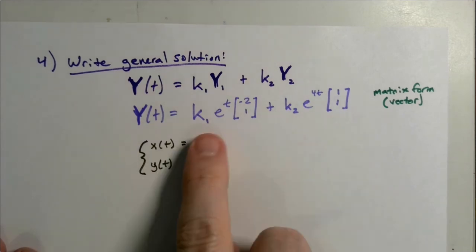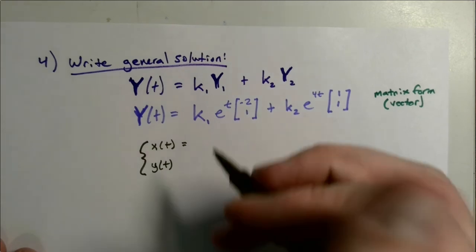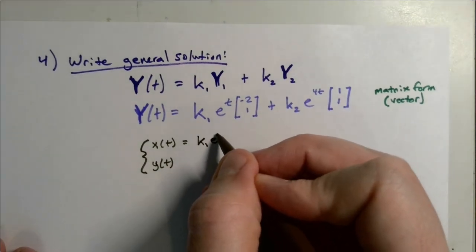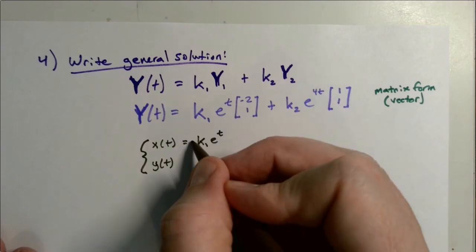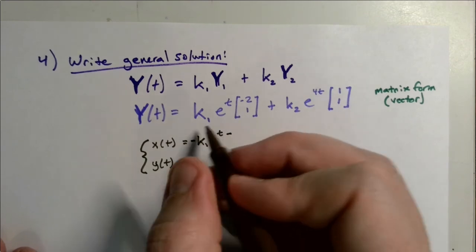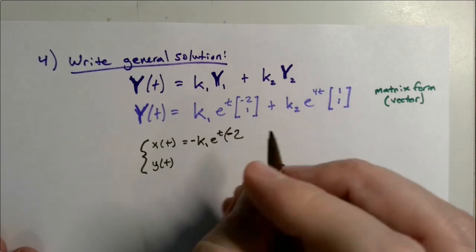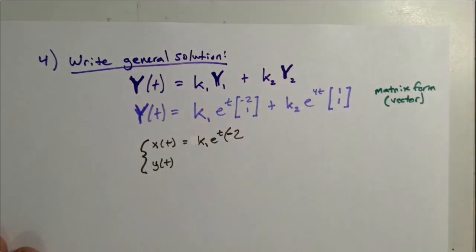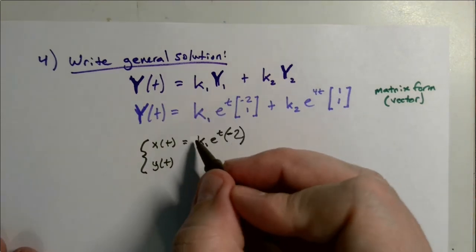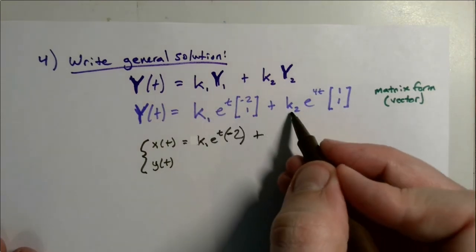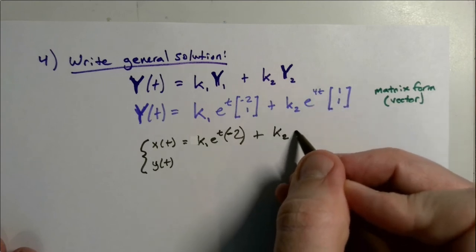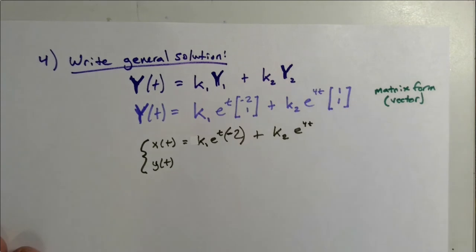The x of t is going to be the top, and so that's going to be k1 times e to the t times -2, plus k2 e to the 4t times 1. That's my x of t.